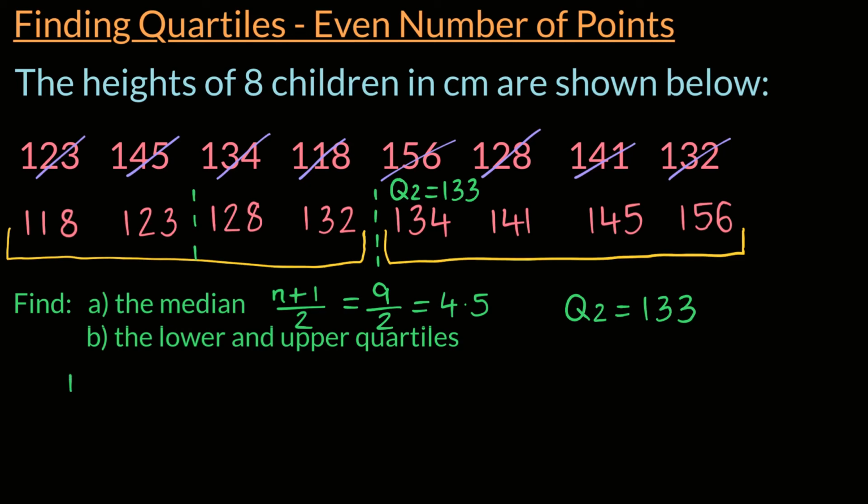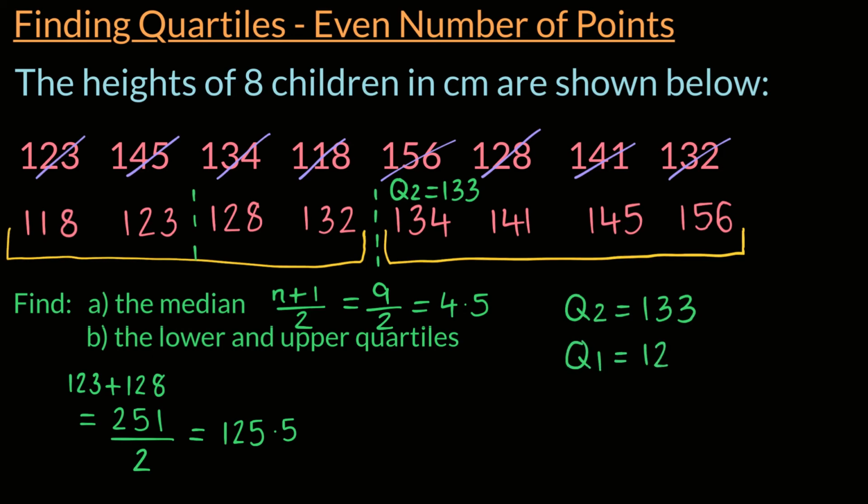So 123 plus 128 gives us 251, and we're dividing that by 2. So 251 divided by 2 gives us 125.5. So we can write that Q1 equals 125.5. And that is up here.